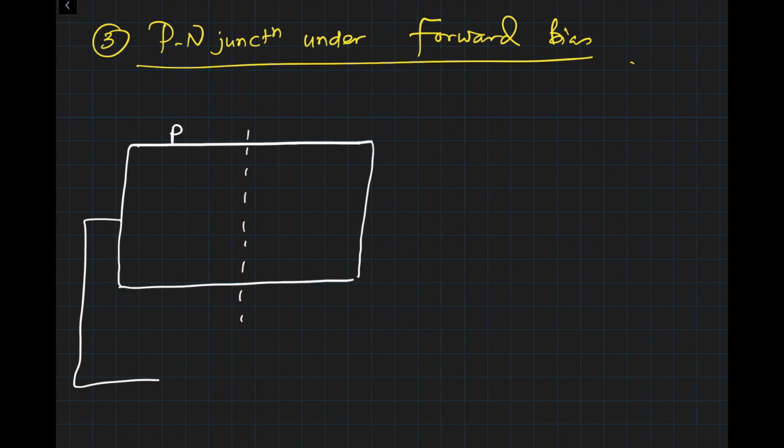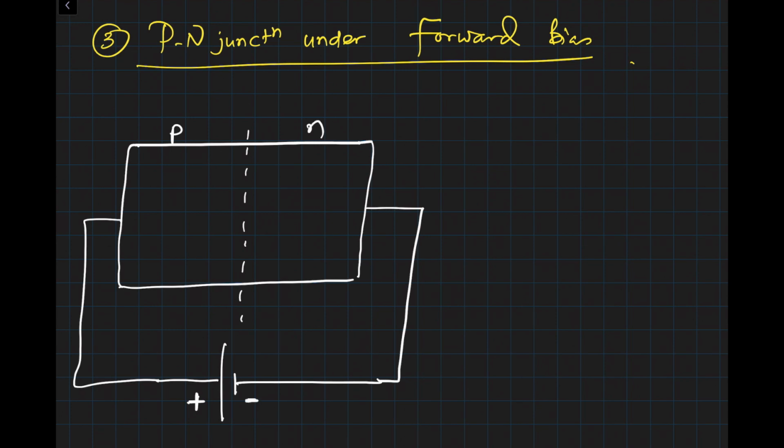This is P type and this is N type. So in this case, we are going to connect P type to positive and N type to negative. So by connecting positive terminal, we are flooding the P type with positive charges, and by connecting the negative terminal, we are flooding the N type with negative charges. You can imagine a battery as positive charges and negative charges separated, and that gives you the potential difference. All right. So what will happen then?